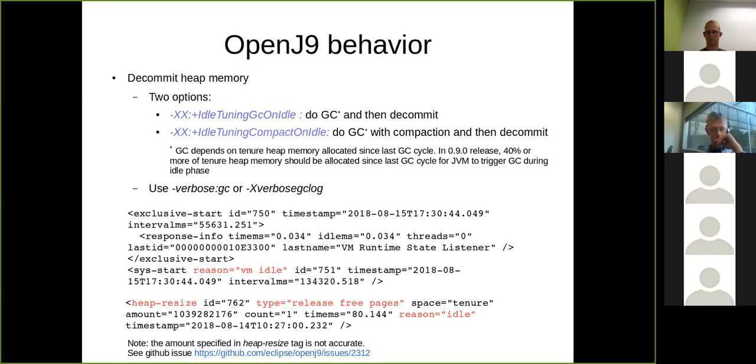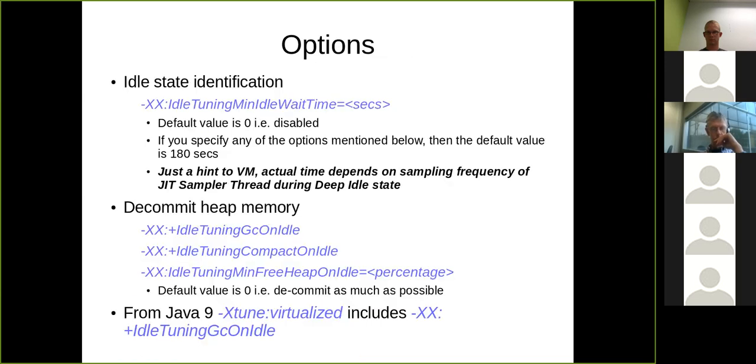So yeah, that covers the OpenJ9 implementation. The next slide talks about the options related to idle tuning, most of which I've already covered. The only one which I haven't mentioned is idle tuning min free heap. This option tells the JVM what percentage of the free heap it should not decommit.